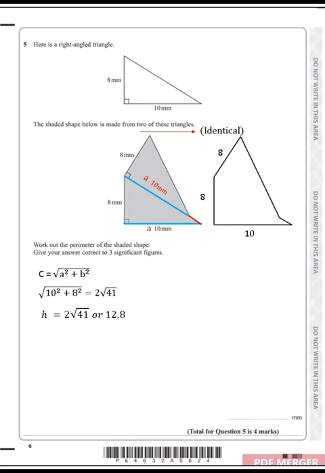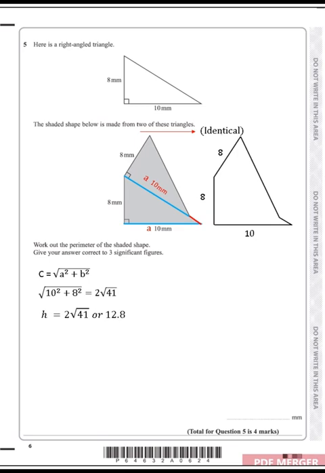Make sure you leave it full. The only time you round up or round down is once you have the final answer for the question. For this case, just focus on keeping it as 2 root 41. You could use 12.8, it's up to you, but the safest option would be to stick with 2 root 41.